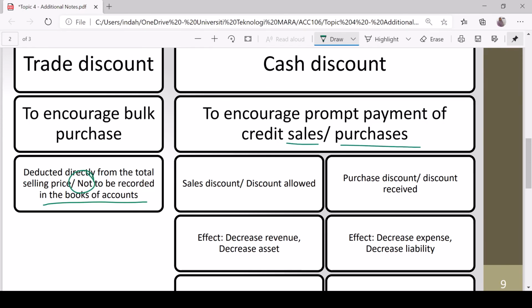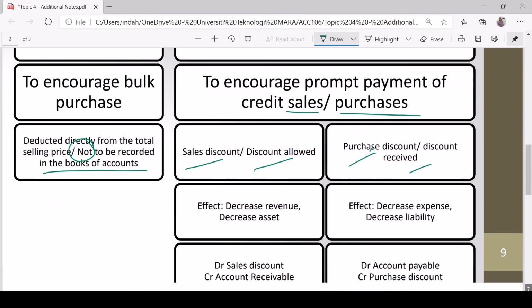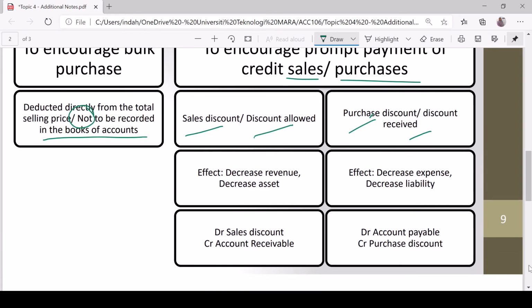For sales, we have sales discount or discount allowed. For purchase, we have purchase discount or discount received. So what is the effect on the accounting equation? Sales discount will definitely decrease your revenue, and at the same time, it will decrease your asset because you have to show a deduction in your account receivable.